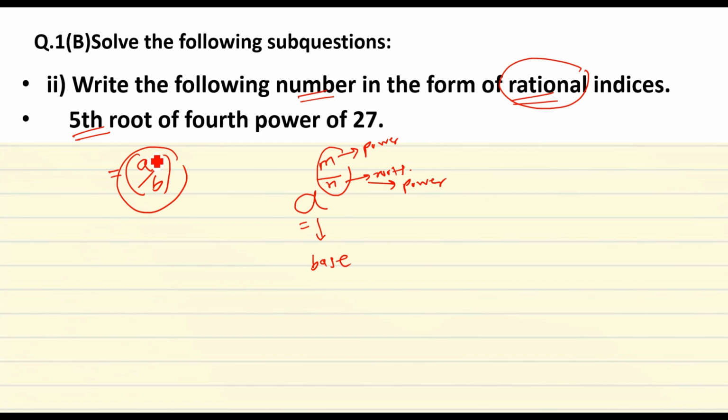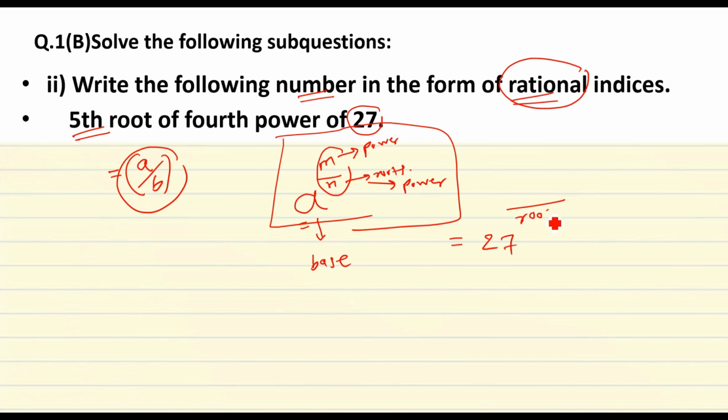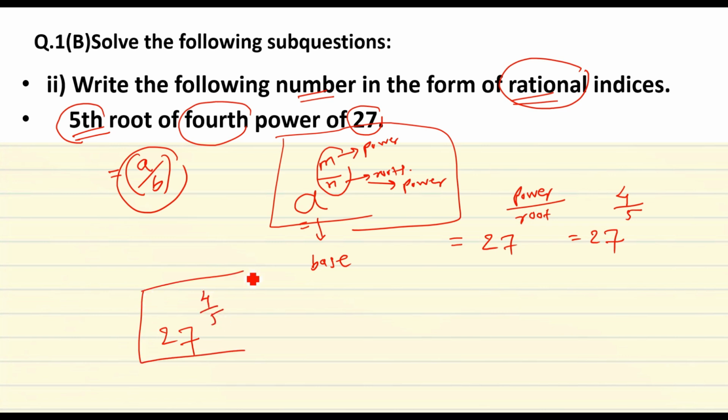Whenever the question is asked in this pattern, you have to follow this rule. Now the question is 27. I'll write 27 here, and this is the position of the root, and this is the position of the power. The question is for 27, what is the fifth root? So the root will be in the denominator, and the fourth power in the numerator. Therefore my answer is 27 raised to 4 by 5, which is the final answer of this question.